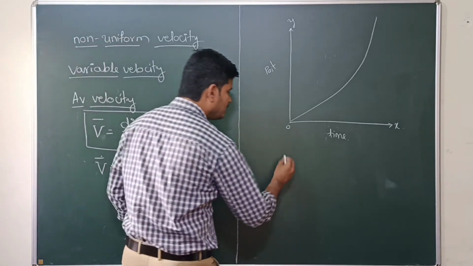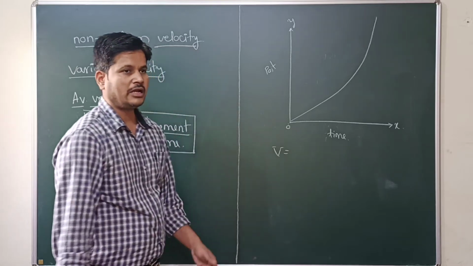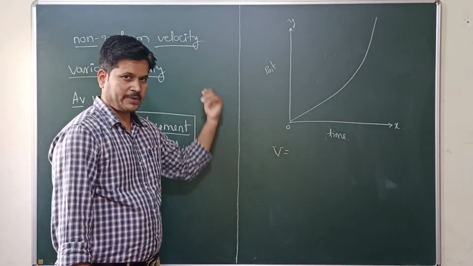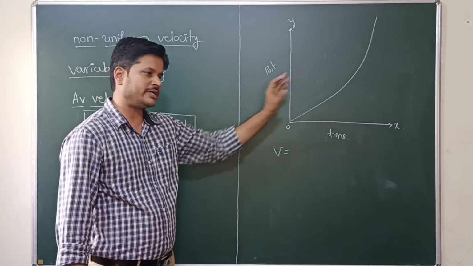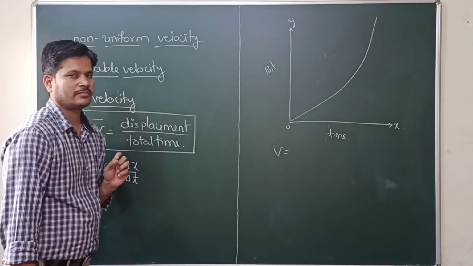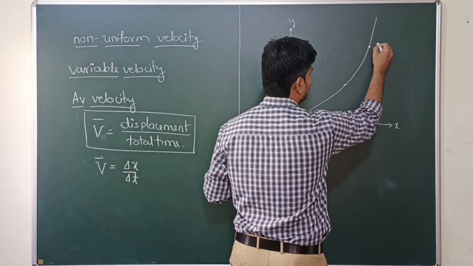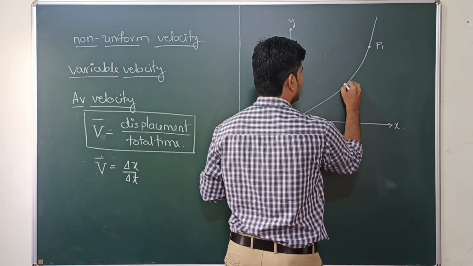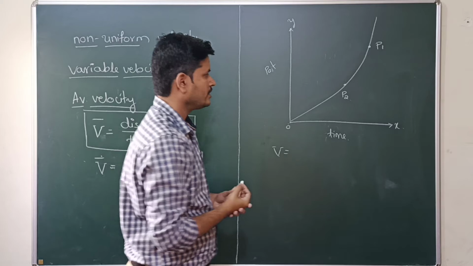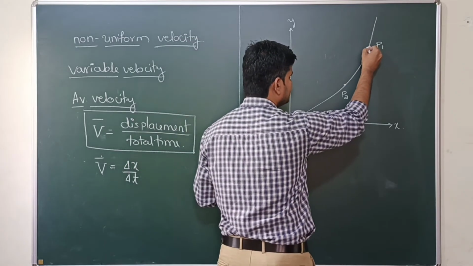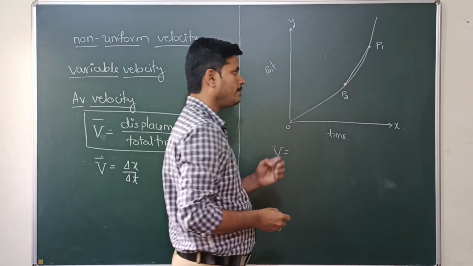What is actually required? First, velocity. Velocity, as we discussed in the previous concept, is the change in displacement, or displacement divided by time, right? We require this position. This one is a point P1 and this one is a point P2, and this is the displacement of the particle.